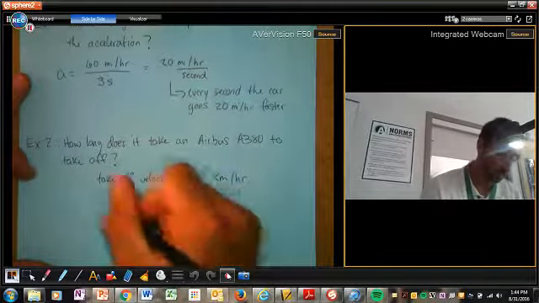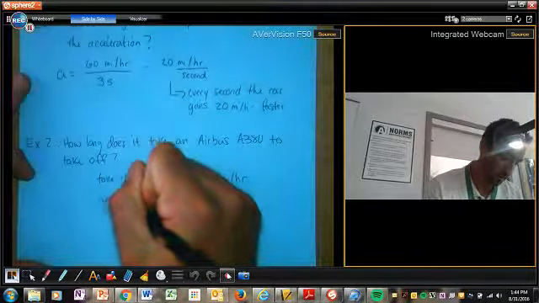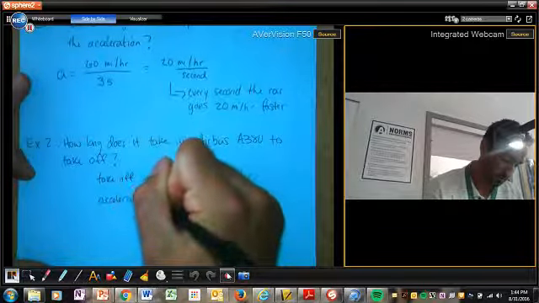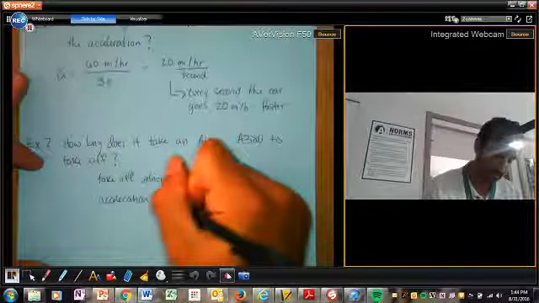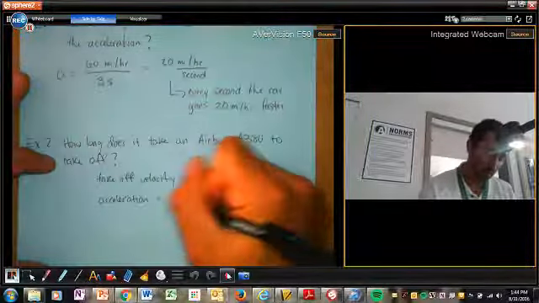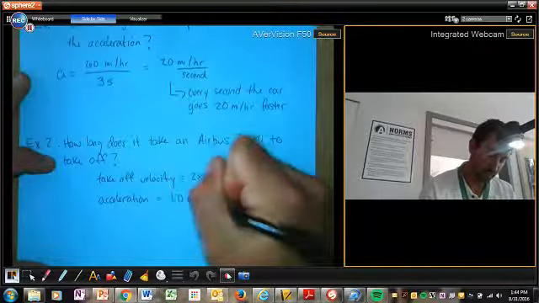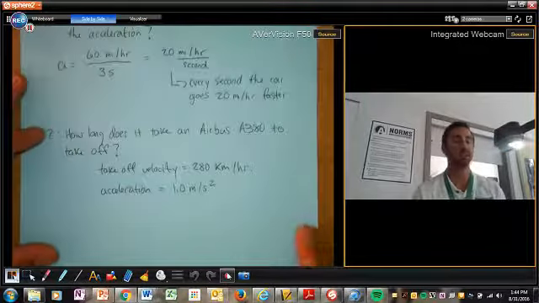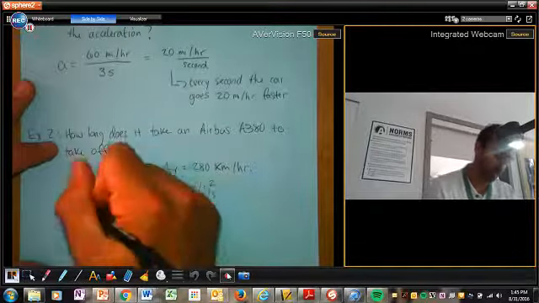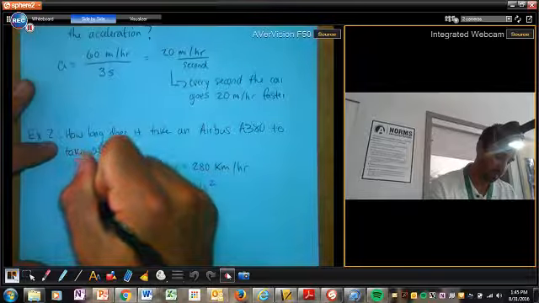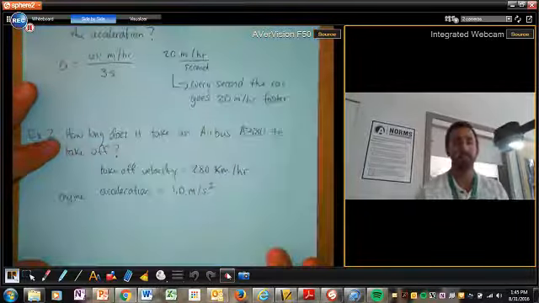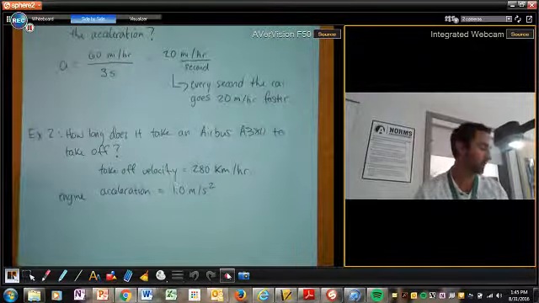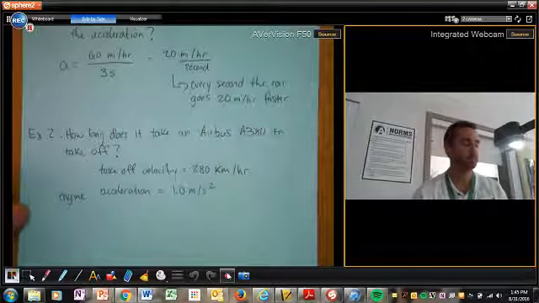So I know that the acceleration, my engine acceleration of this big engine, is 1.0 meters per second squared. Now, does anybody see a problem here?